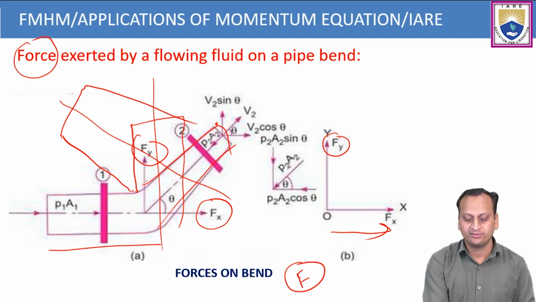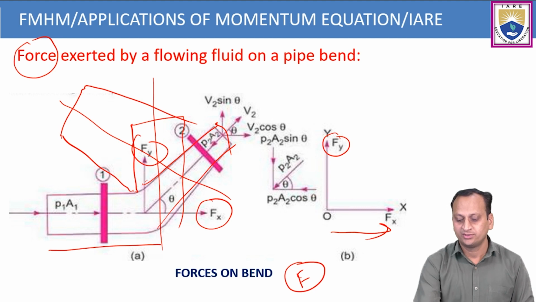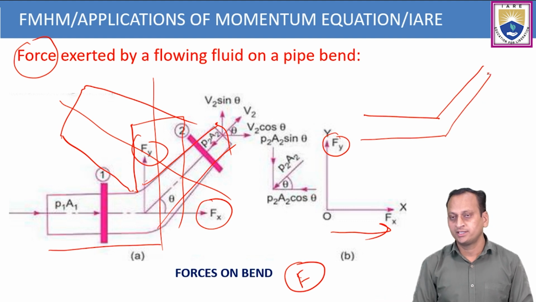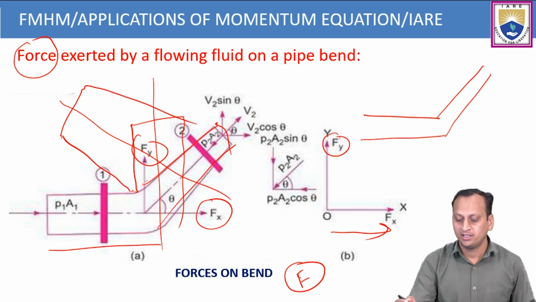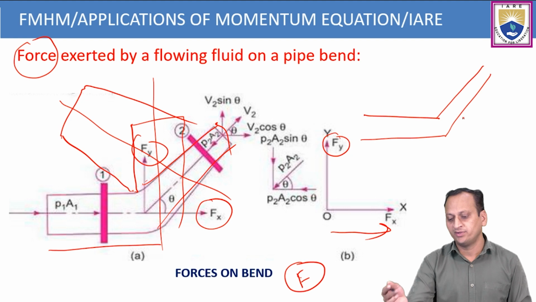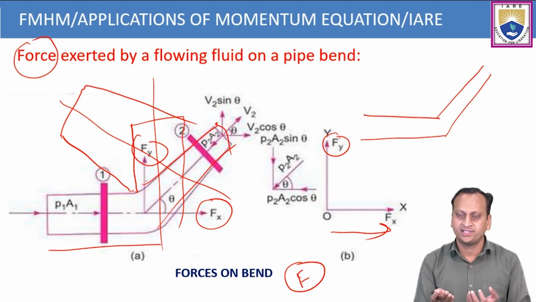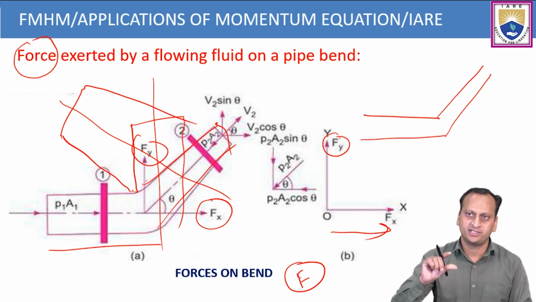In this case, consider a pipe bend lying horizontally on a plane. Whether theta may vary from any angle to any angle, its entire pipe surface is at the same elevation from the ground.